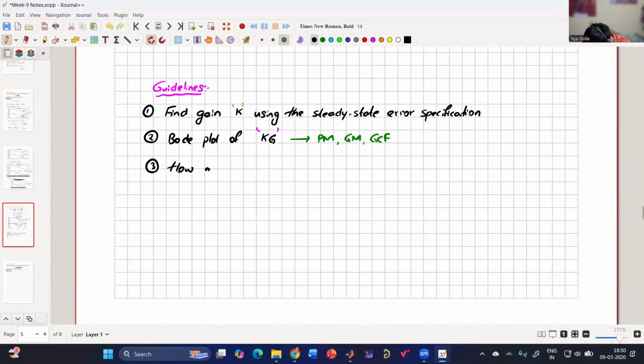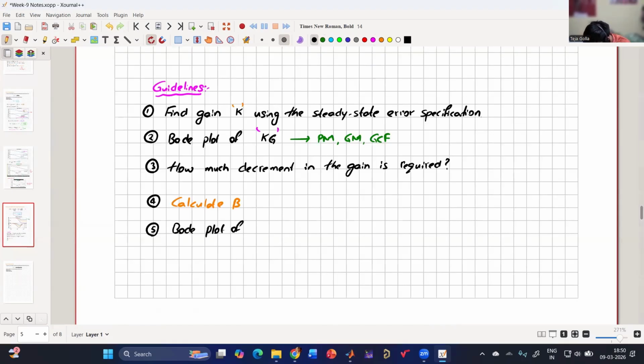So how much decrement in the gain is required? We'll see how much is required. From there we can get beta. So calculate beta. And once beta is calculated, check the Bode plot of GC into G, and see whether this is meeting the requirements or not.